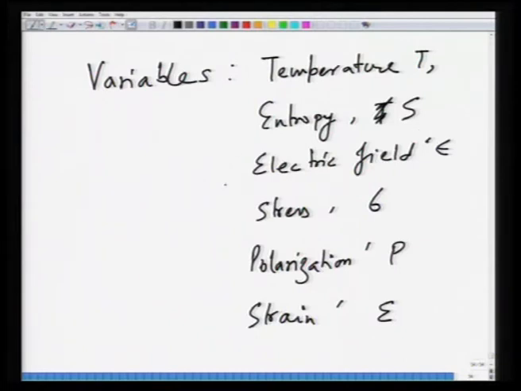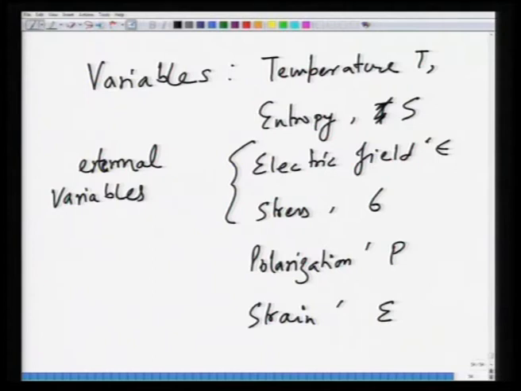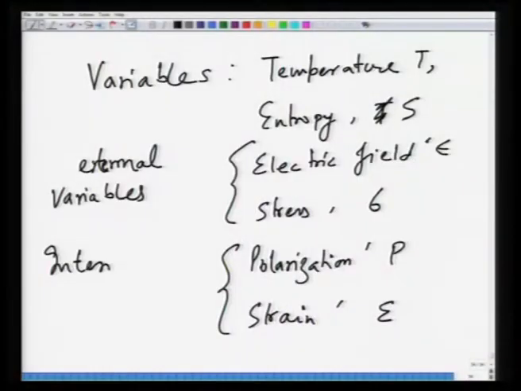Then you have electric field and stress, which you take as external variables because you apply them, they are stimuli. So, these are called external variables. Polarization and strain are the outcome as a result of application of the external variables, which is why these are called internal variables.